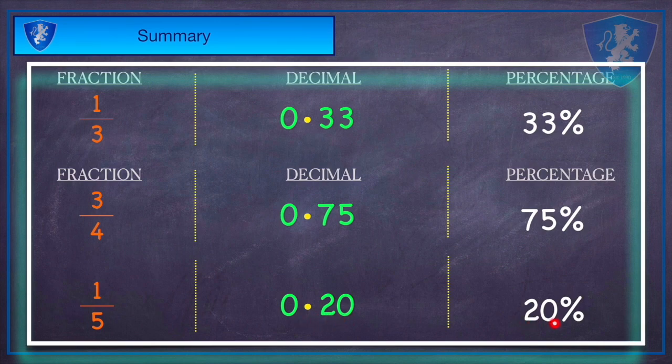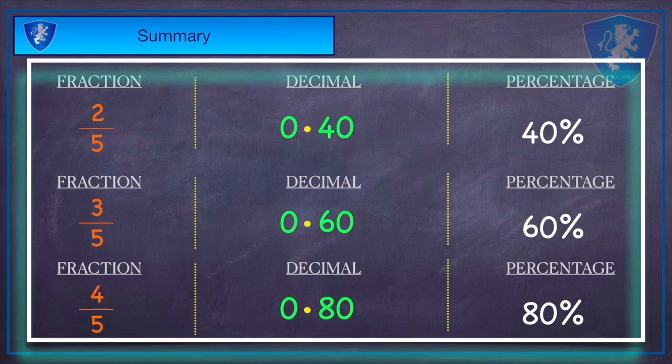It's 0.4, or you can write 0.40. That 0 has no value. You can leave it as 0.4, and the percentage is 40%. 3 over 5 is 0.6 or 0.60, and the percentage is 60%. And the 4 over 5 fraction decimal is 0.8, or you can put 0.80, and the percentage is 80%.